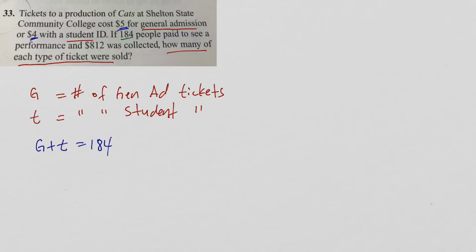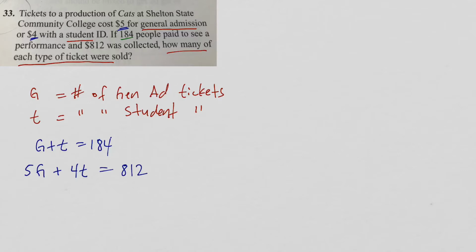The second equation is that if each general admission ticket cost $5, then the amount of money spent on them was 5G. And each student ticket was $4, then the amount of money spent on those was 4T. If we add those up, we'll get the total amount of money spent altogether, which is 812.